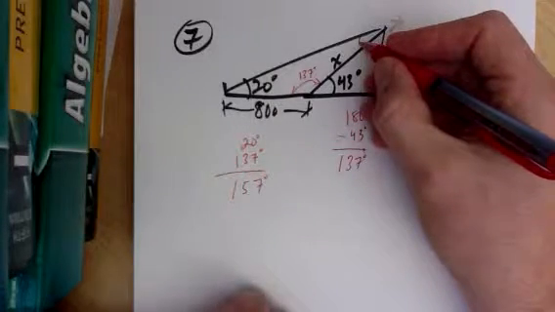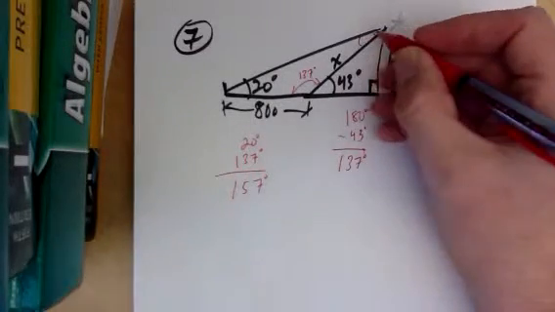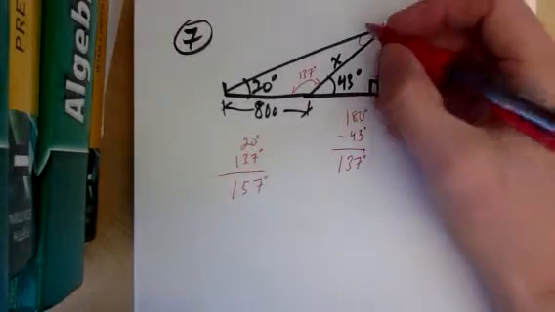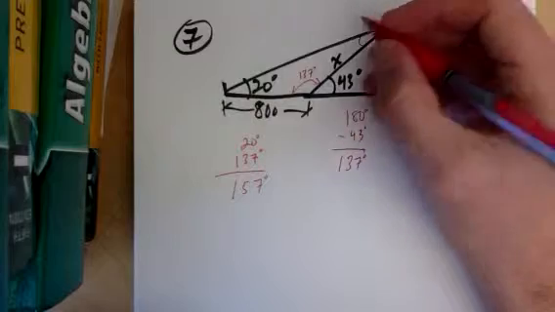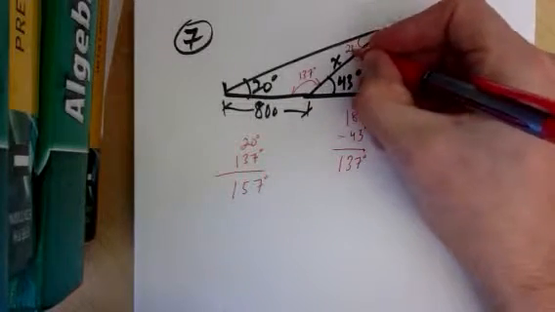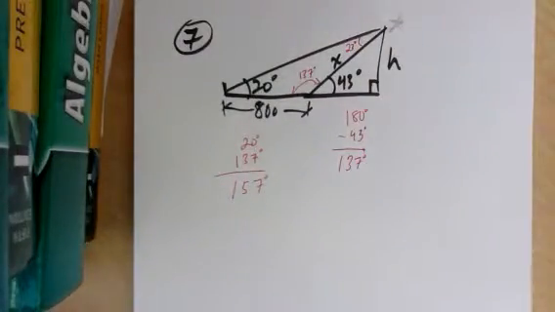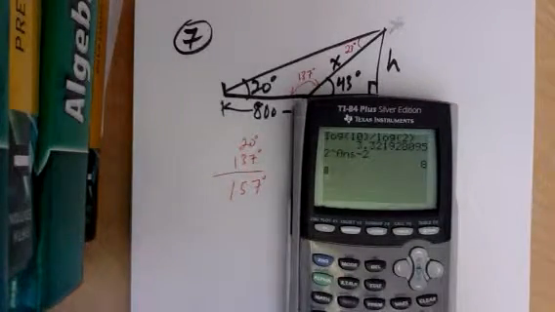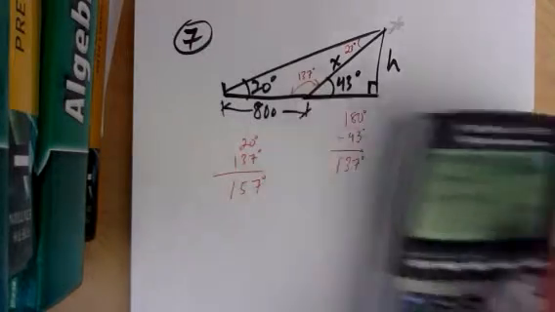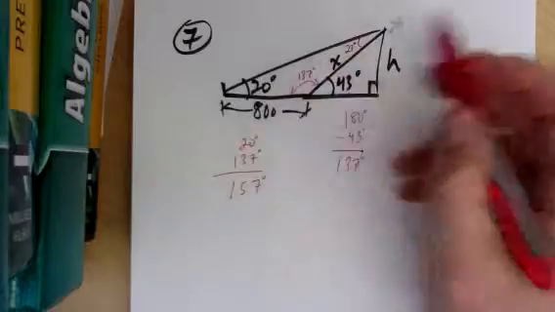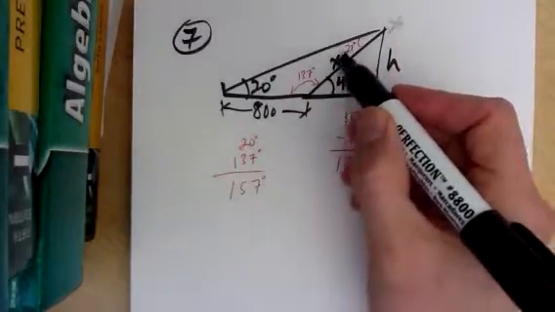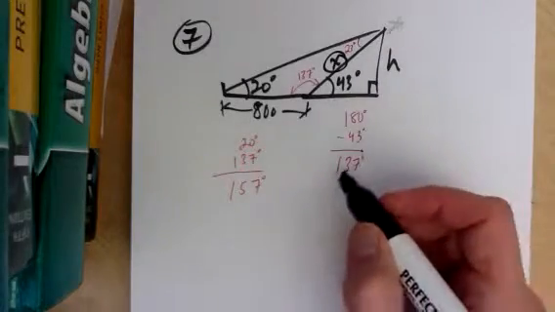This final angle in the top of the triangle on the left will be 180 minus 157, which will be 23 degrees. So we'll just double check, make sure the math is good to go. We've got 20 plus 137 plus 23, 180 degrees for the triangle on the left. So that matches.